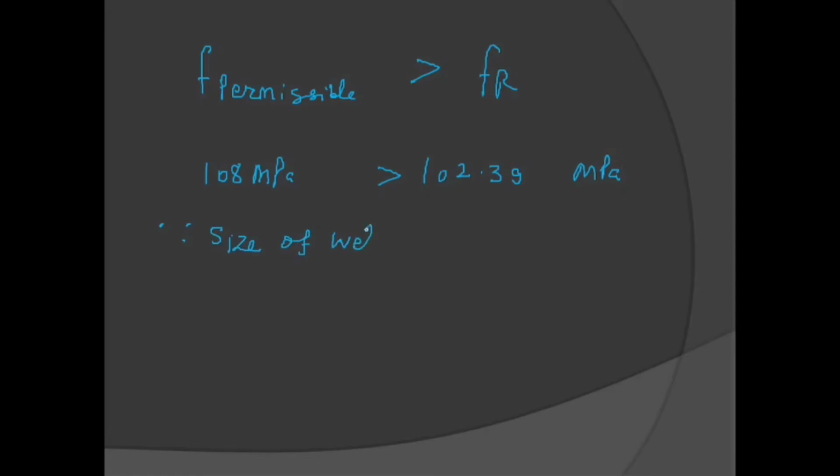Since F permissible is more than F resultant, that is 108 megapascal is more than 102.39 megapascal, you can say the size of the weld provided is adequate. That's okay.